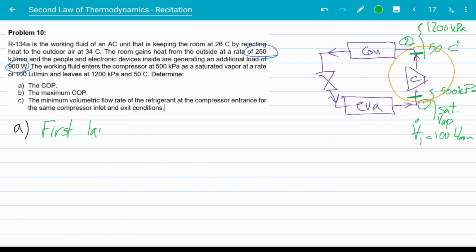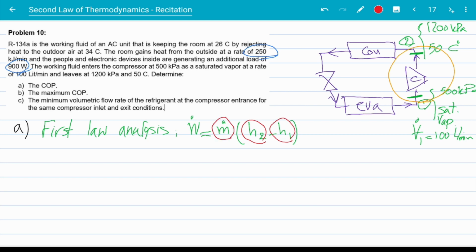So if we do a first law analysis for the compressor, we get that W dot is M dot times H2 minus H1. The amount of work that the compressor consumes is equal to the rise of the enthalpy of the working fluid. So I need to find H2, H1, and M dot.